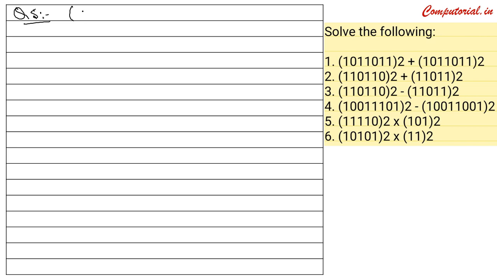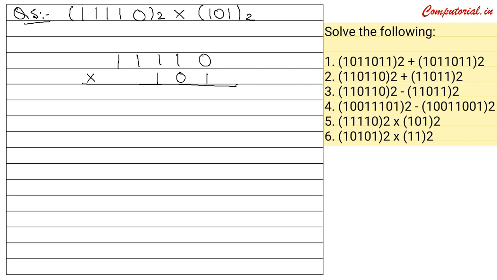Then question number 5 is 4 times 10 with a base of 2 multiplied by 101 with a base of 2. Well, it's a question of binary multiplication. So first of all we have to note down the first number, then second number from this side, then the sign of multiplication, and then we have to multiply it.